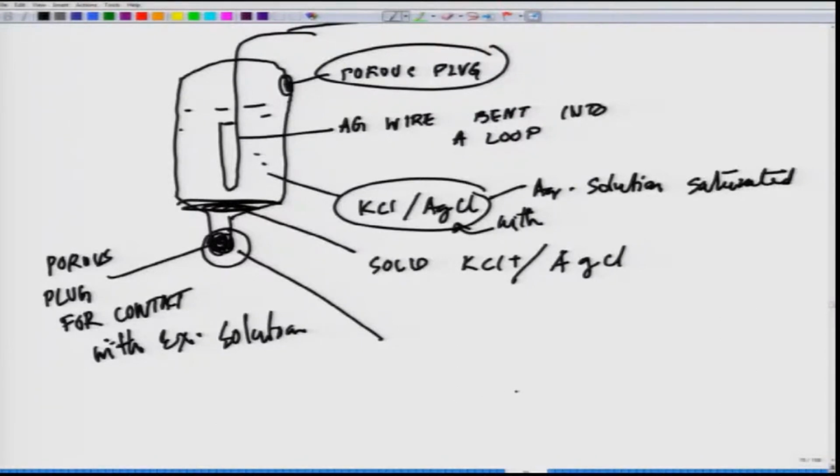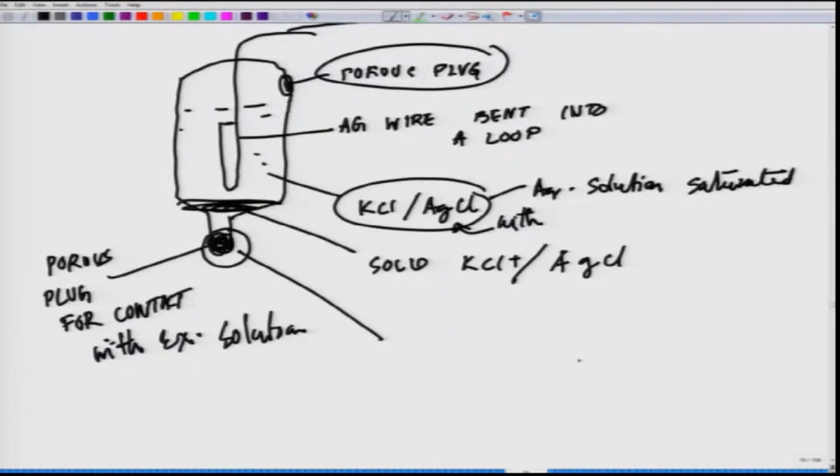So, mostly these are double junction reference electrodes, where you have an inner electrode and outer electrode, and the solution of the outer compartment is compatible with analyte solution. Say for example, if you do not want chloride to contact the analyte, the outer electrode can be filled with KNO3 solution. The inner and outer solution slowly mix, so that the outer compartment must be refilled periodically with the KNO3 solution.